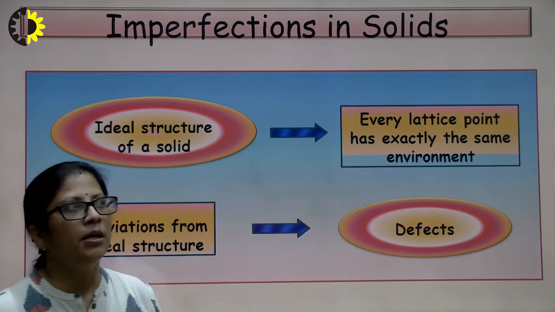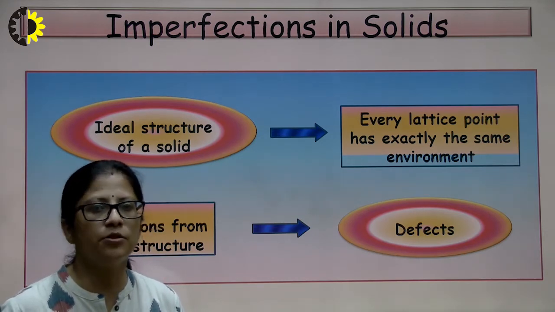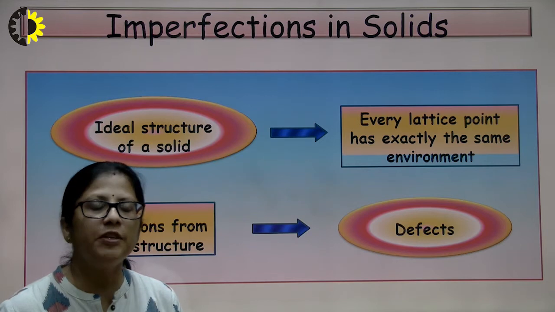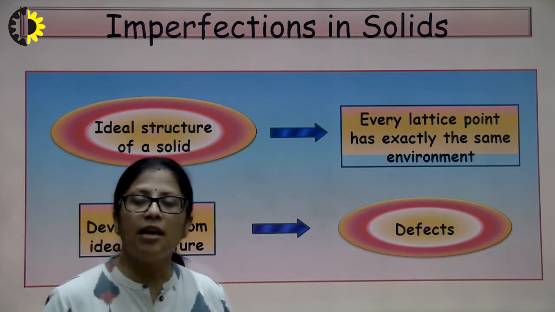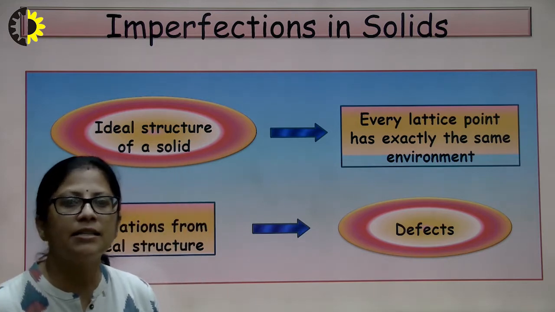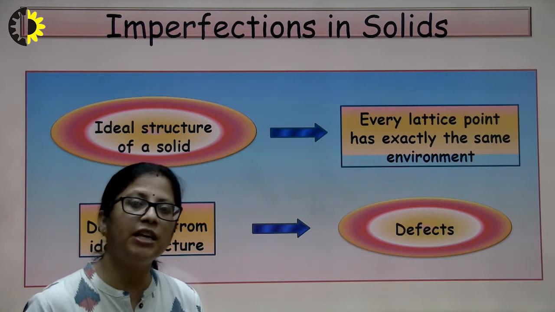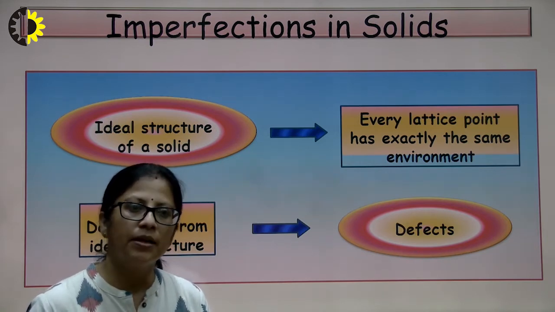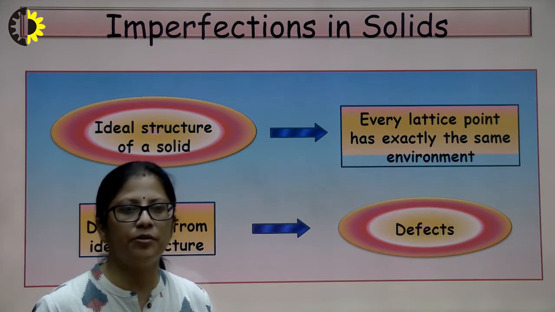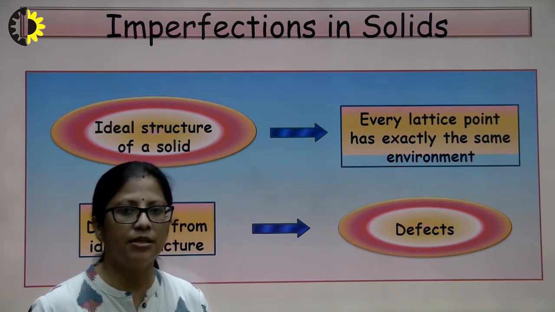Now, these defects are also known as imperfections in solids. If we see the ideal structure of a solid, then every lattice point has exactly the same environment, or the position of the atoms which are forming the lattice is fixed. And any deviation from this ideal structure leads to defects.